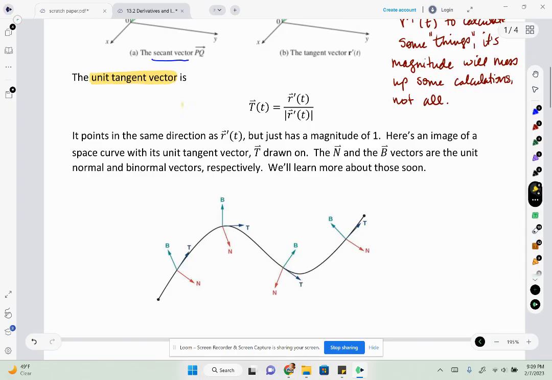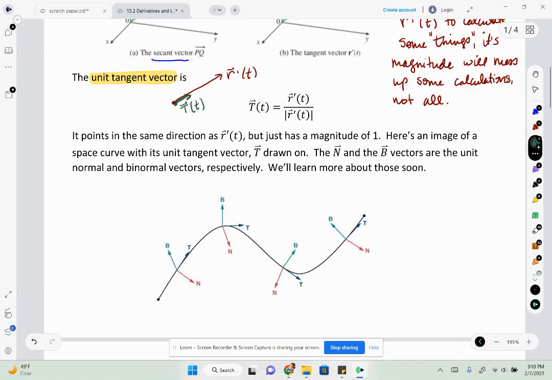If you wanted to see a little picture, let's say this was a picture of r prime of t, then in green here, that is T of t.